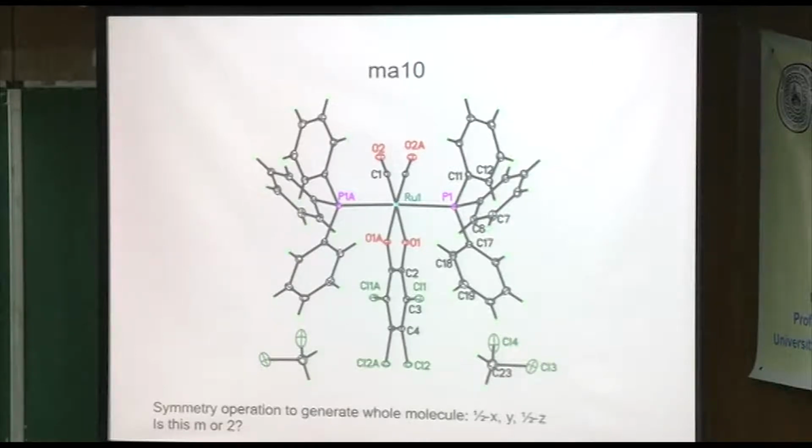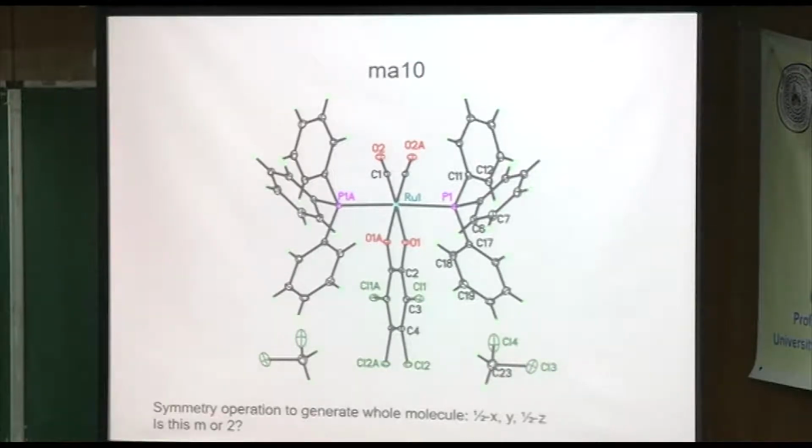How many people think it's a mirror? Raise your hand. Okay. How many think it's twofold? A little bit more. A lot of people are still staring at it. It's a projection which shows the symmetry, but it's really hard to tell which it is. I agree. If I had done better depth cueing on it, you would probably know right away.